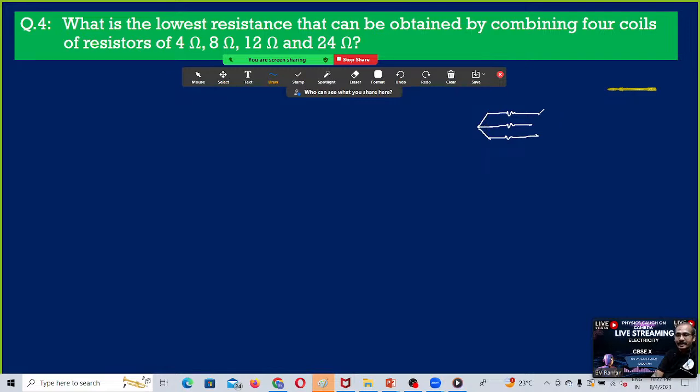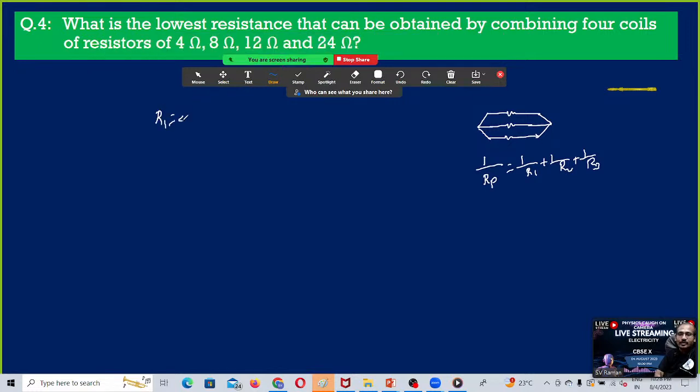While explaining resistors in series, we discussed the total resultant resistance is always lesser than individual resistances. Hope you understood this theory. So whenever the question asks about the lowest resistance, other than asking parallel combination, once the question says lowest resistance, you combine all the resistors in parallel.